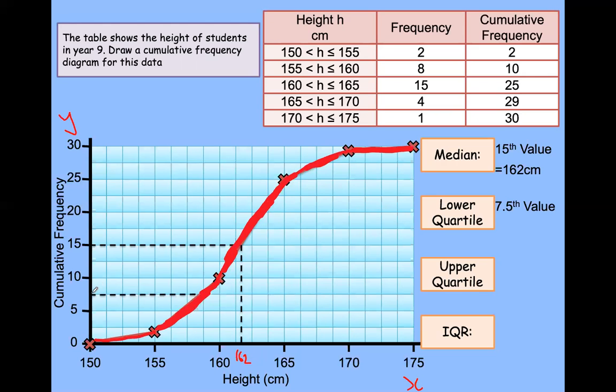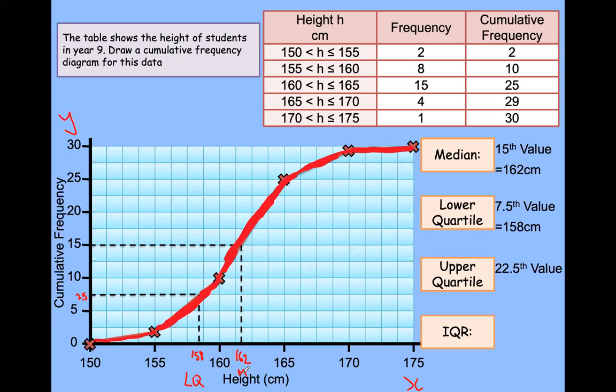Find 7.5 on the y-axis, draw a line across, and where exactly it intersects the graph, that's where you start drawing another vertical line to the x-axis. This is exactly where the lower quartile is. So it's 158, this one here. So that is the lower quartile, and this is the median, okay?